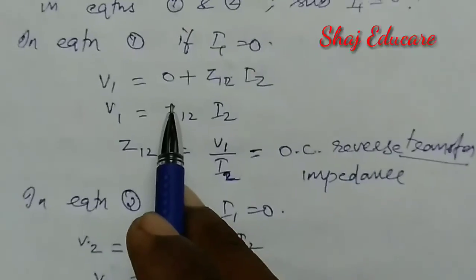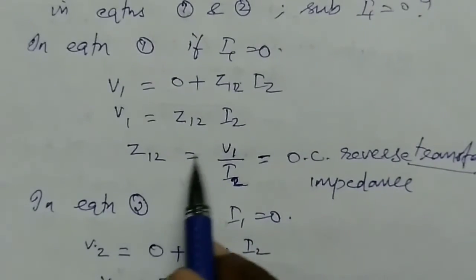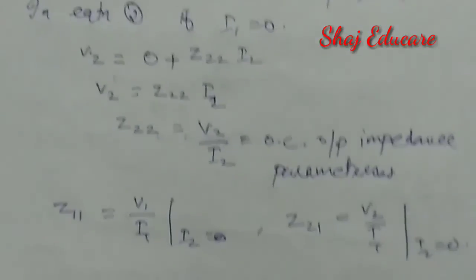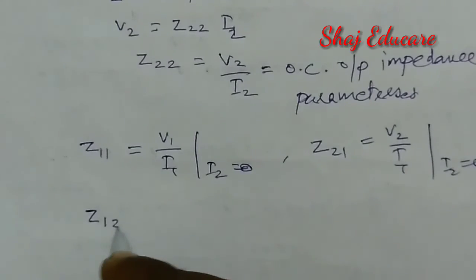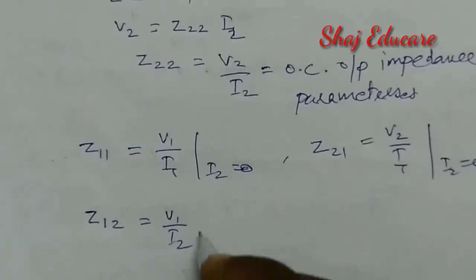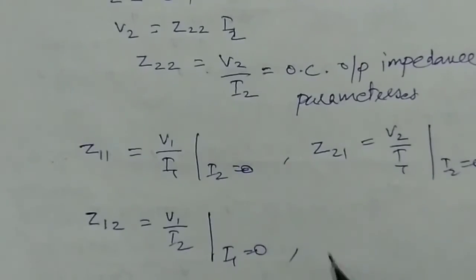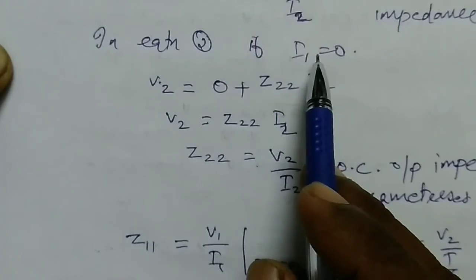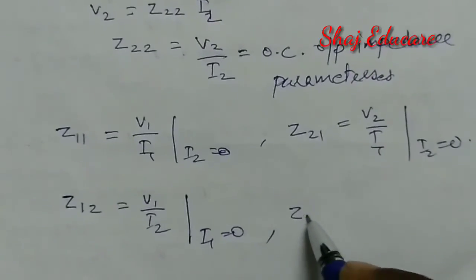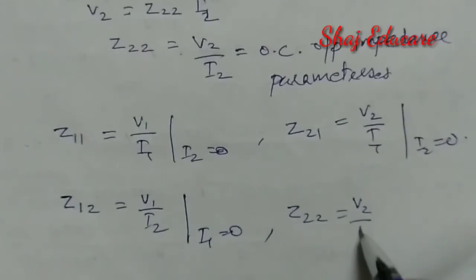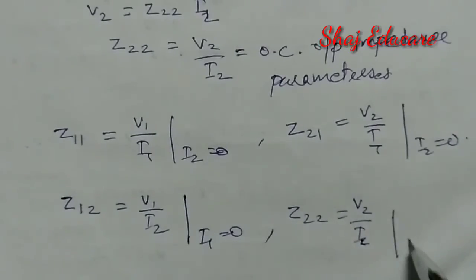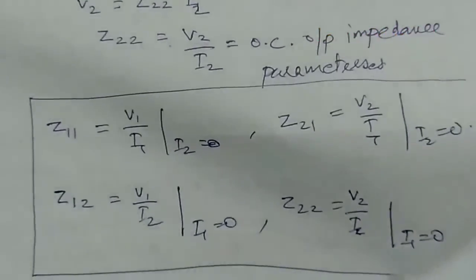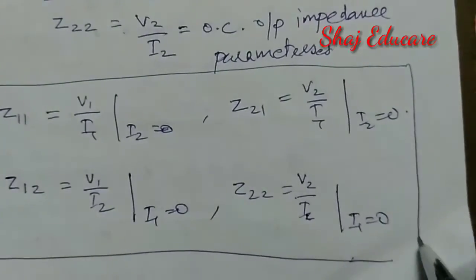Then we got the expression for Z12 under I1 equal to 0. Z12 is equal to V1 by I2 under I1 equal to 0. And finally, we got the expression for Z22 under the same condition, I1 equal to 0. Z22 is equal to V2 by I2 under I1 equal to 0. These are the 4 open circuit impedance parameters.